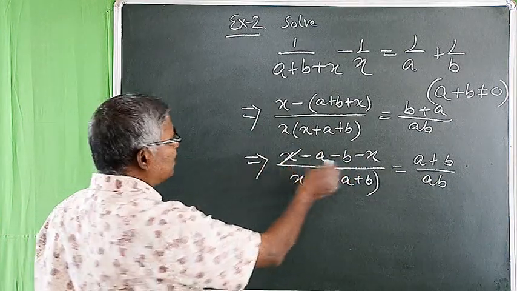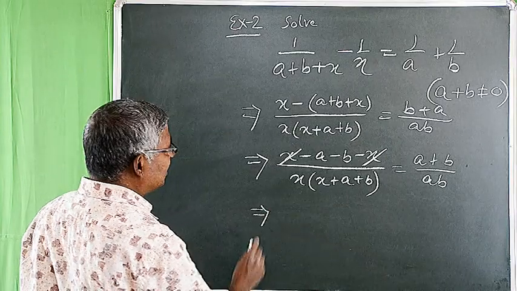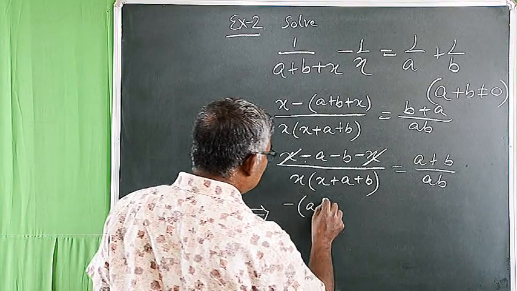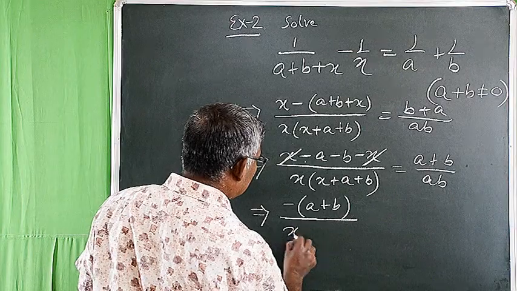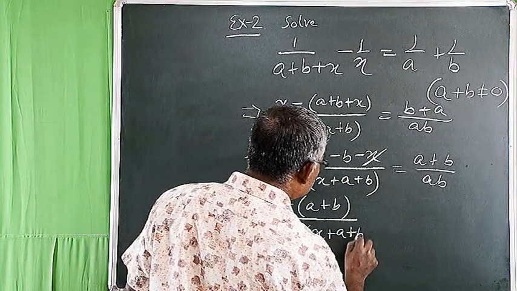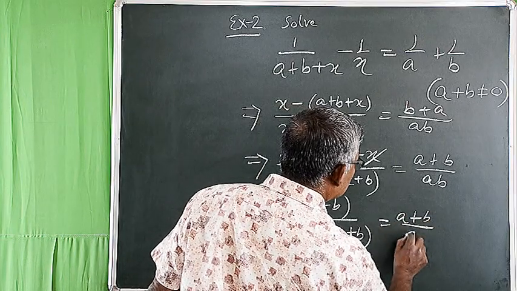Here plus x minus x cancelled. This implies that we take minus common, that is minus a plus b by x into x plus a plus b equal to a plus b by ab.